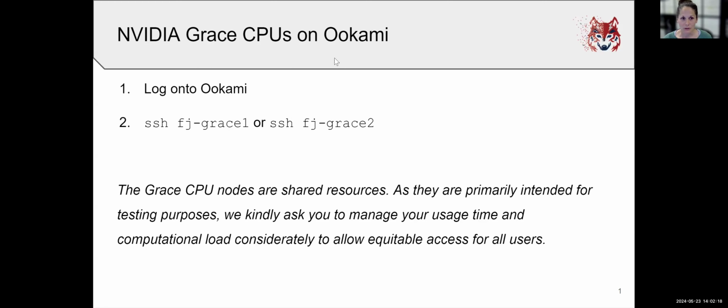You first log into Ookami as you usually do, and then you can just SSH to them, either SSH fj-grace1 or fj-grace2. No need to use Slurm. You can just SSH, and please keep in mind that both nodes are shared resources. You don't have exclusive access to them, but you're sharing them with other users who might be on them at the same time. So please be mindful of that.